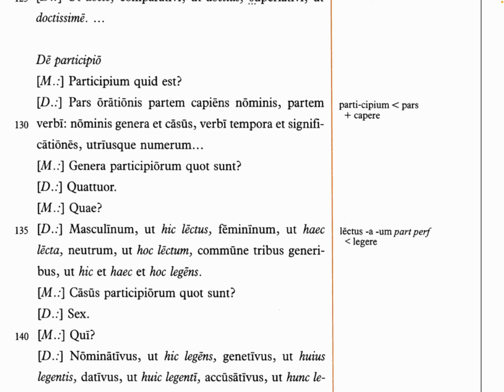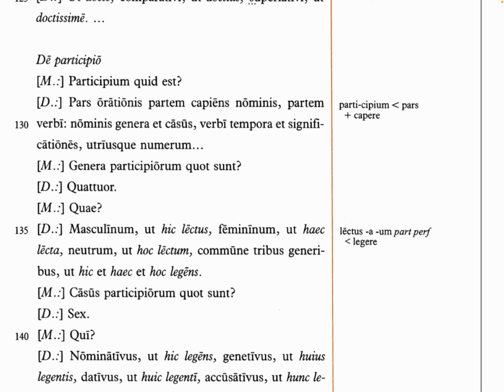All right, the teacher says, Participium quid est? Participle, what's it? And the student says, Pars rationis partem capiens nominis, a part of speech taking a part of a noun, or in this case maybe an adjective, partem verbi, part of a verb.